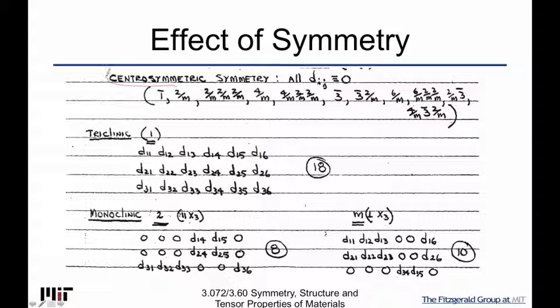So any centrosymmetric crystal is automatically going to be all 0. That means things with an inversion center. And here's all the point groups that we had. Anything that contains those guys will be 0.